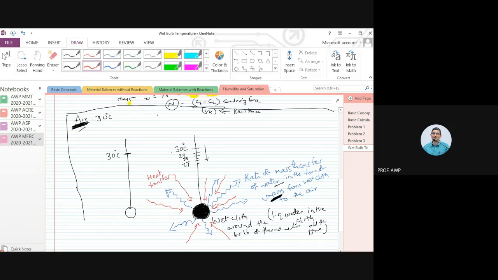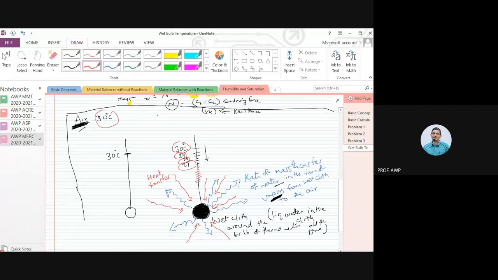But rate of heat transfer is proportional to the temperature driving force, 30 minus 30, or 30 minus 29, or 30 minus 28, or 30 minus 27. If more amount of mass is being transferred, the heat required is more than what can be transferred from the air, so this temperature will keep on falling.